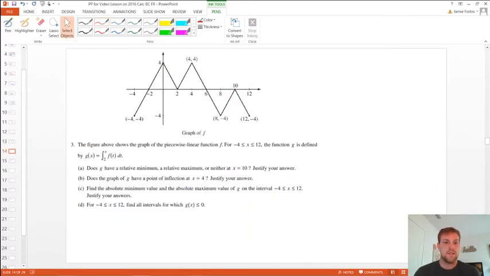And then lastly, D says for -4 to 12, so this whole interval, find all the intervals on which the value of g, which again was this equation here, is less than 0. Okay, so let's start off at 2. Go backwards and forwards and just figure out the intervals.